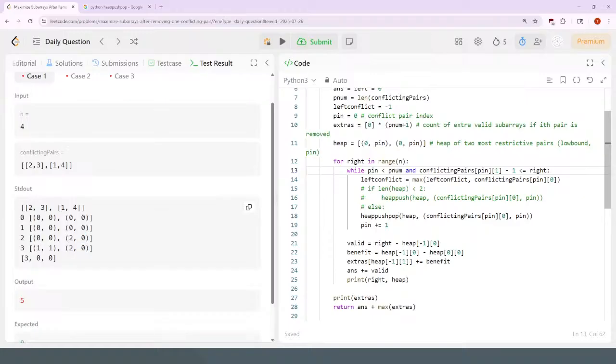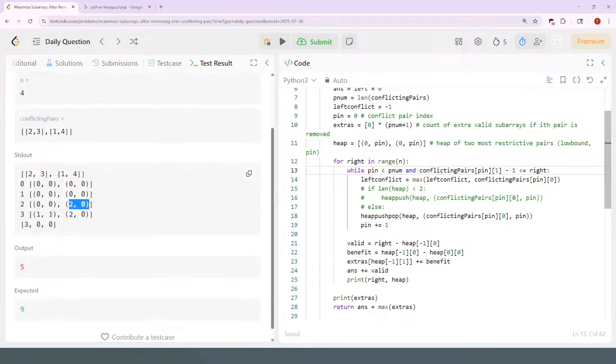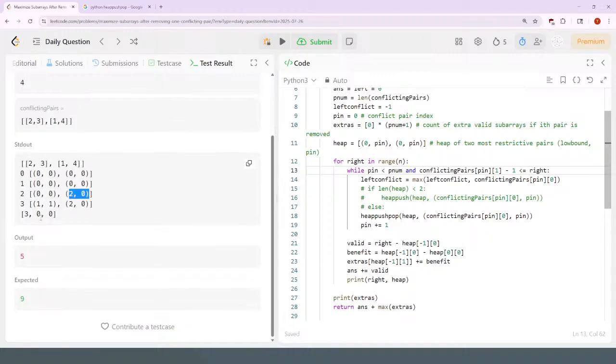So if this thing was removed, it would be 2 extras at that point. And then it would be 3 extras at this point, so it's 3. 2 plus 1 is 3. So that's 3 here.